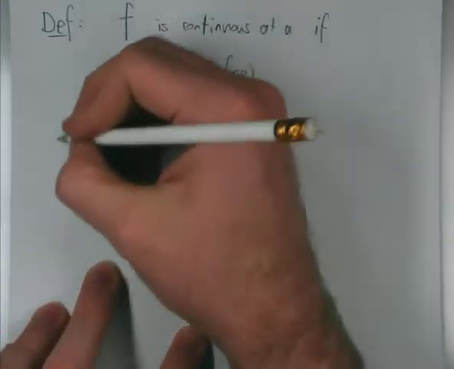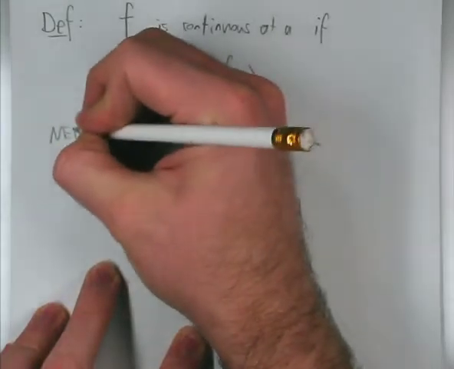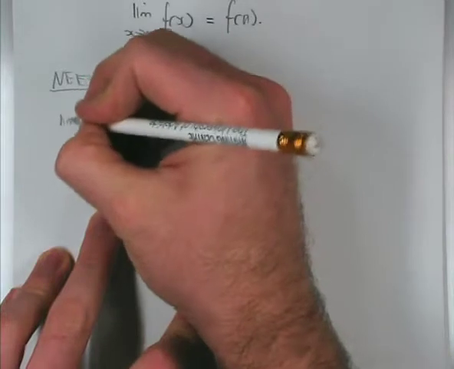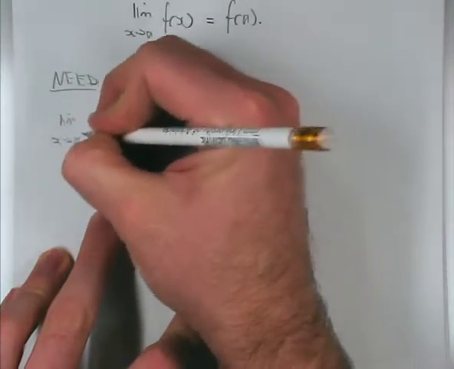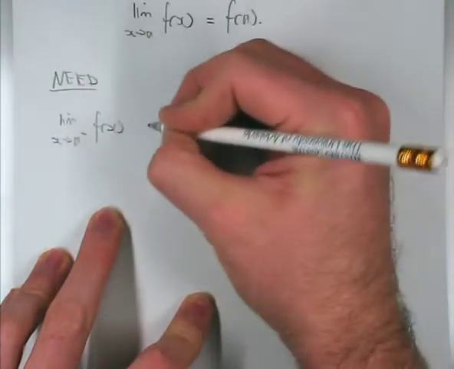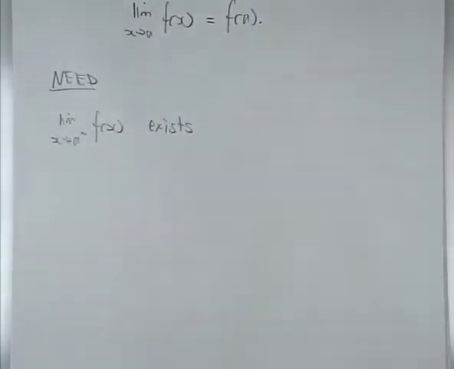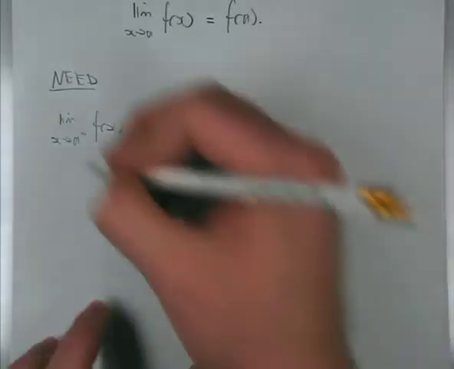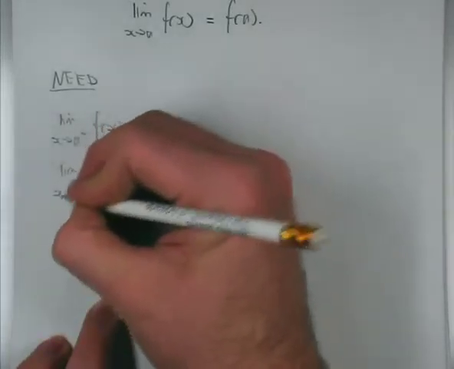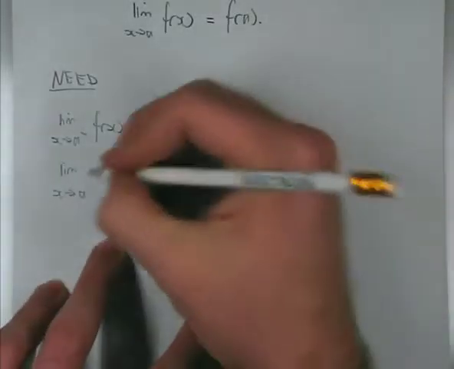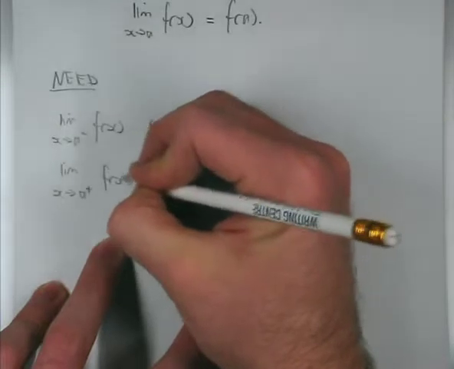So what we need is the limit as x goes to A from below of f of x to exist. We need the limit as x goes to A from above of f of x to exist.